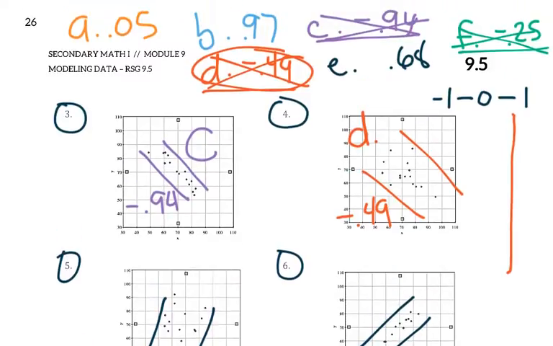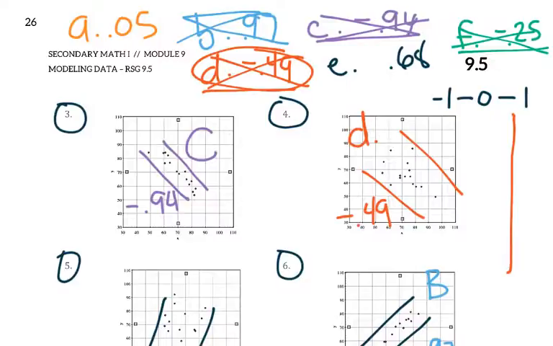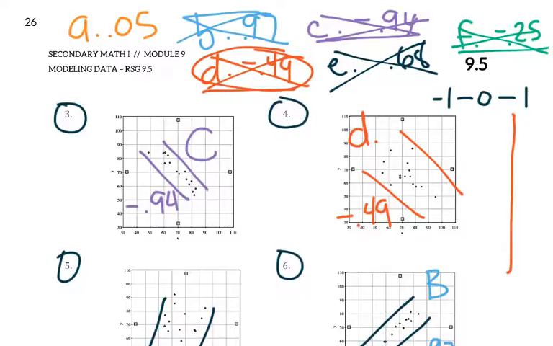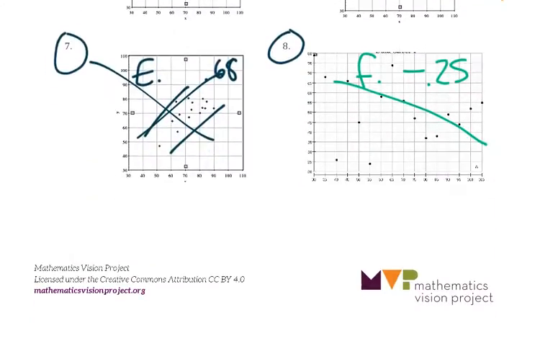So our highest positive would be 0.97, so that would be this one, B. Then our next is the 0.68, so E. So 0.68 would be this one, making 5 be our A, 0.05. And there we go with those ones.